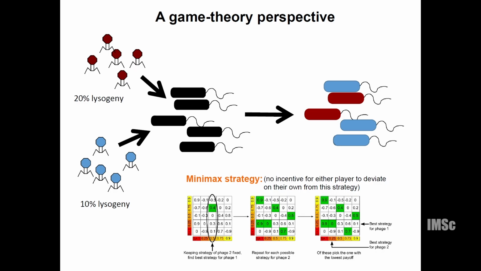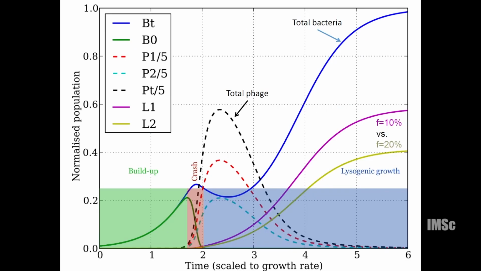These are imaginary numbers I've put in, but basically something like 0 would mean a draw. In the dynamical system, if both viruses ended up at 50-50, then that should give you a payoff of 0. If phage 1 won and completely wiped out the other, that should give you a payoff of +1. And if phage 1 completely got wiped out and phage 2 was up, that would be -1.